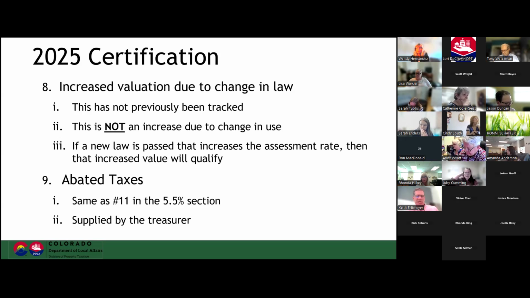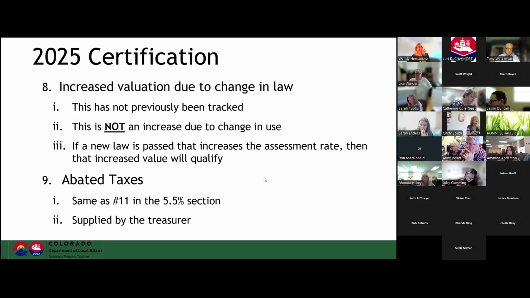Does it make any difference? This says increased valuation due to change in law, and that would be a decrease if it goes down? It's only tracking increase in value in this case, so it doesn't matter if it decreases. I don't think it matters if it decreases, but Andy's right in that it could be different.